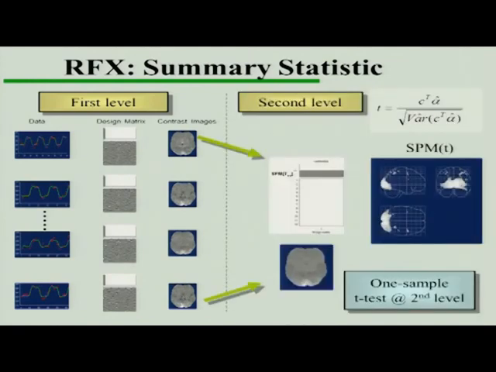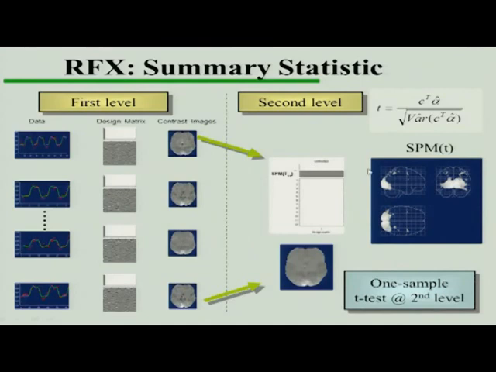So then we do a second level of analysis, where these con images become the data for a second level analysis, where we just do a one-sample t-test at each voxel in the brain. And so you end up with a statistical parametric map showing these t-values here for positions where we have significantly non-zero effects.